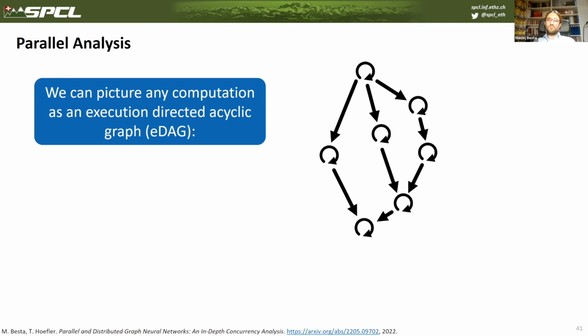This can be something completely arbitrary. What is important is that these circular arrows indicate some simple operations, for example, summation or multiplication of some arguments, and these straight arrows indicate dependencies of some operations on the previous operations. So we can use this formalism of EDAG to model essentially any type of execution.